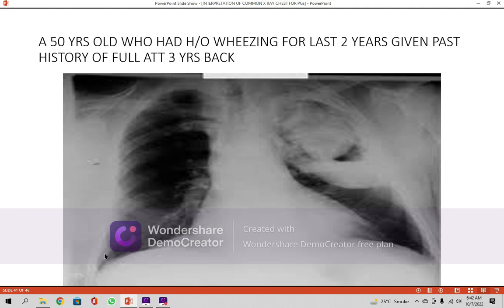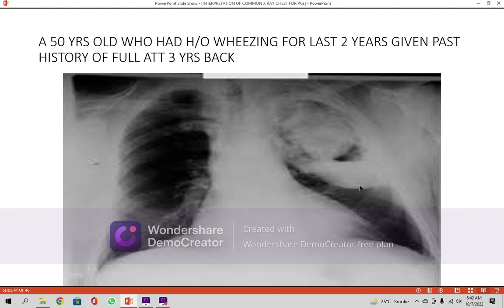Now in this case, what is seen is compensated emphysema. Here there is haziness, which is a bronchogram pattern. Here it is compensated emphysema because a very big pathology is there, although this pathology does not displace the trachea to the other side. Now look at this opacity.